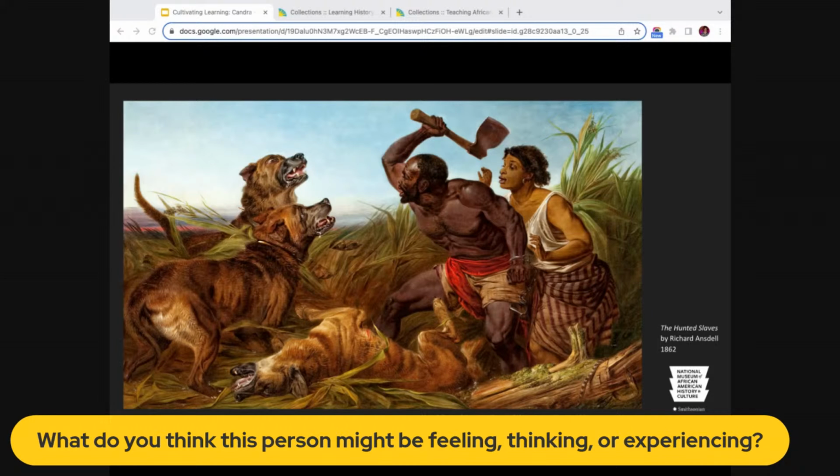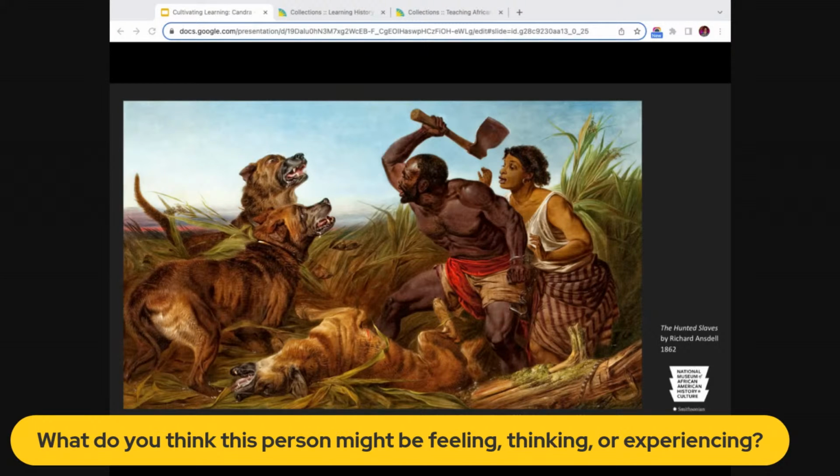Yes, I'm seeing some things come through here. Someone chose the human figure in the painting that appears to be a man standing there, with a surge of adrenaline. So that's the figure with the axe that I think we're referencing there. The surge of adrenaline. Alice calls out that terror might be the feeling that's happening in here.